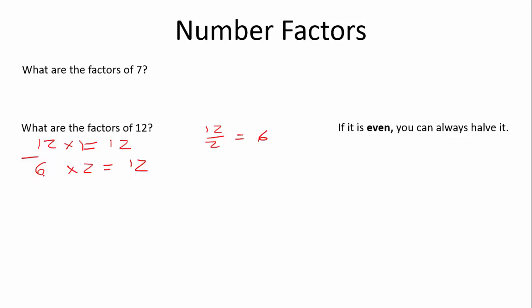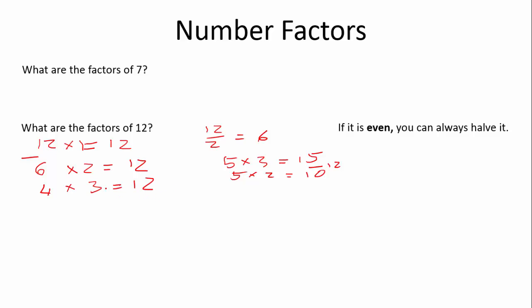Okay, so let's go down. Is 5 a factor of 12? 5 times 3 is 15. That's too big. And 5 times 2 is 10, and that's too small. So 12 is in the middle here. That doesn't work. What about 4? Oh, yes, we know 4 times 3 is equal to 12.